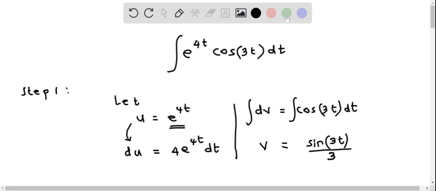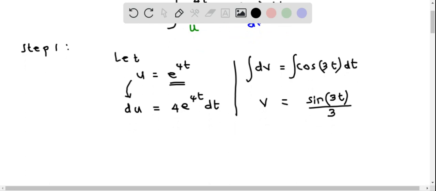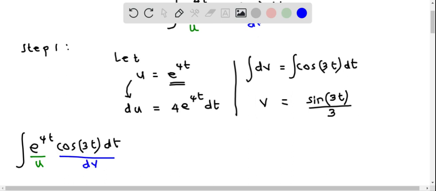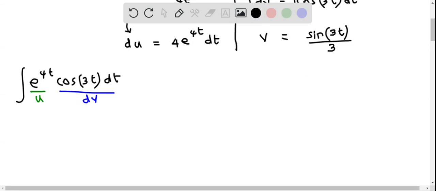Now, according to the integration by parts formula, since we let this as u and we have also let the remaining terms as dv, we write the given integral as e raised to the power of 4t cos of 3t dt, where e raised to the power of 4t represents u, and cos 3t dt is represented by dv. So the integration by parts formula is the integral of u dv equals uv minus the integral of v du.